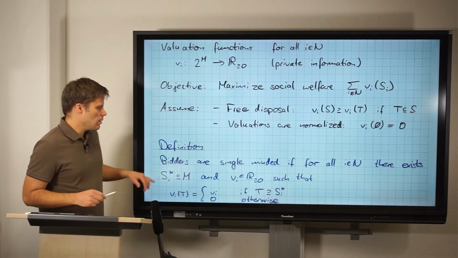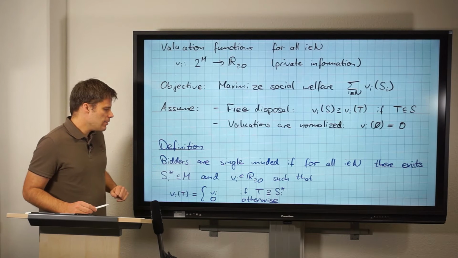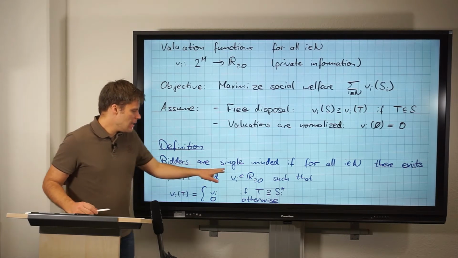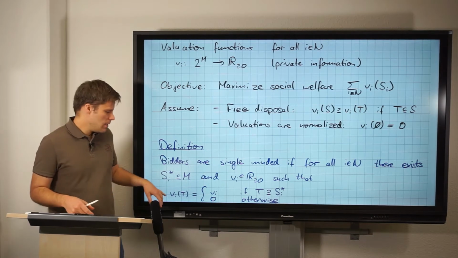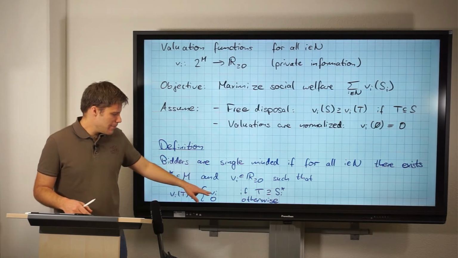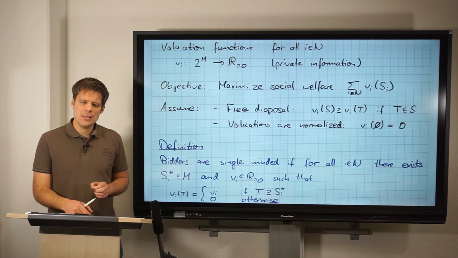So, we are again overloading notation here. By v_i, we both denote the function as well as the value that it can take.